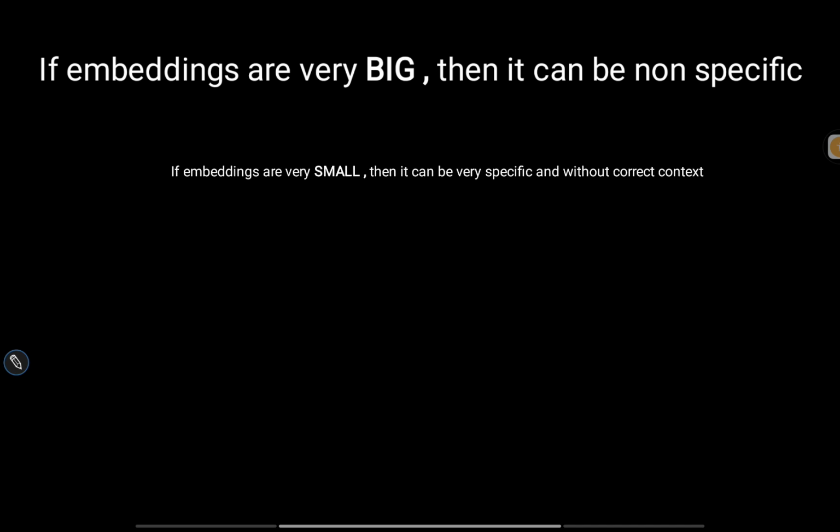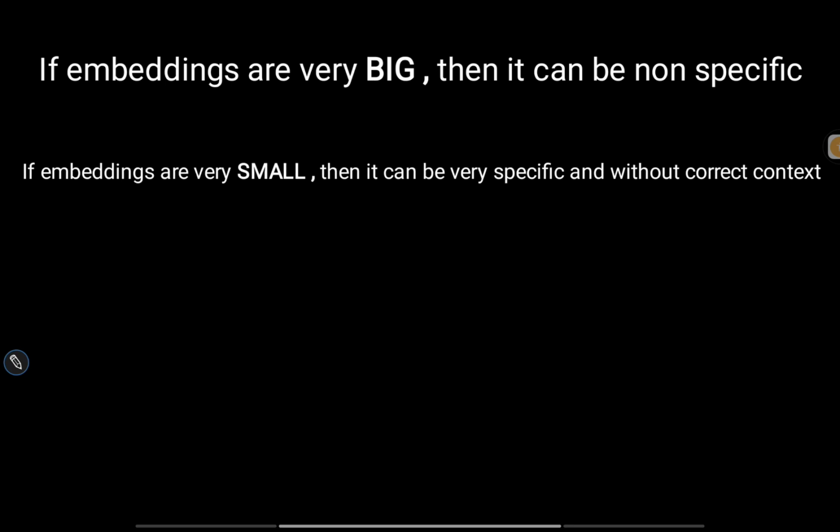And in some cases your embeddings are very small, which can be very specific and can miss out the correct context of that parent document, right? So those are the two scenarios we are trying to explain: when your embeddings are very big, they can be non-specific, and when your embeddings are very small, they can miss out the context related to the actual document.